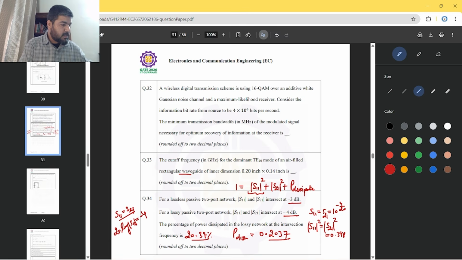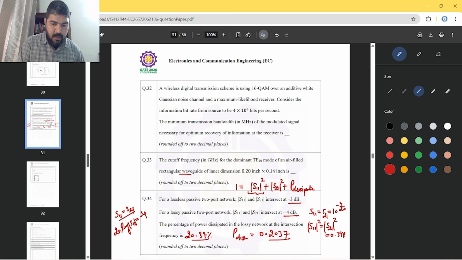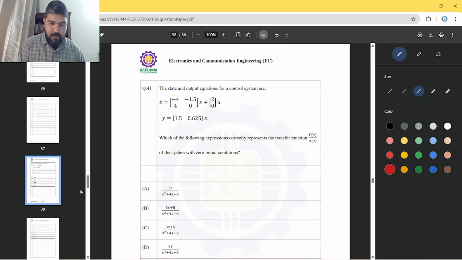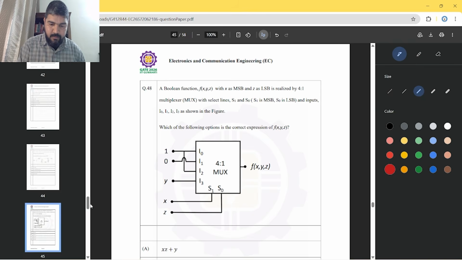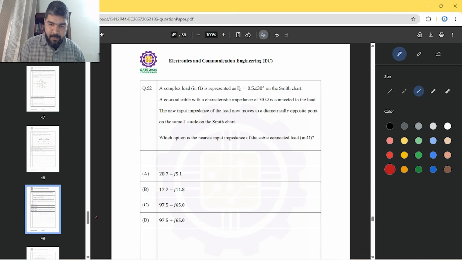Next question is question number 52. This question is from transmission lines. It is given that a complex load is represented on the Smith chart, because on the Smith chart a point is represented with the reflection coefficient.